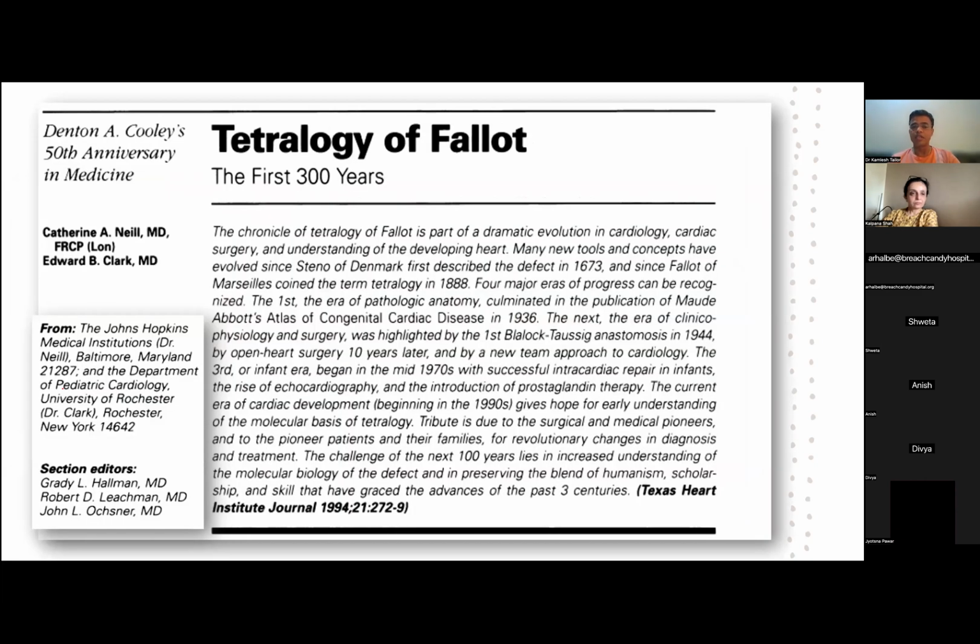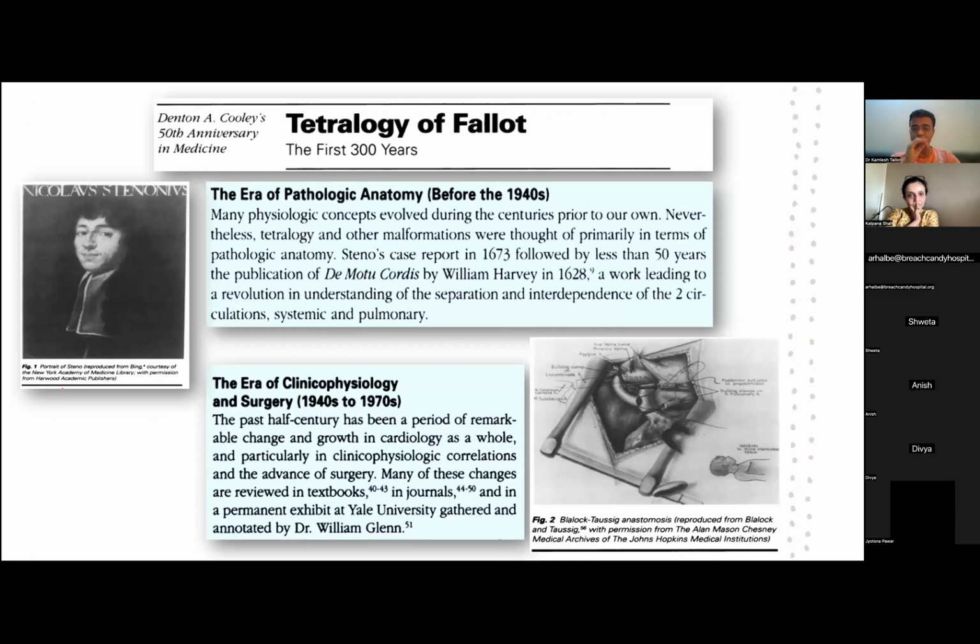They described 300 years of tetralogy of Fallot and divided it into eras of the pediatric cardiac specialty. The first era was before 1940, where only diagnosis was happening and there was no treatment for congenital heart disease, so it is called the era of pathological anatomy. The second era, 1940 to 1970, is when treatment started. One treatment is the BT shunt, and later multiple surgical options became available. It's called the era of clinicopathology and surgery.